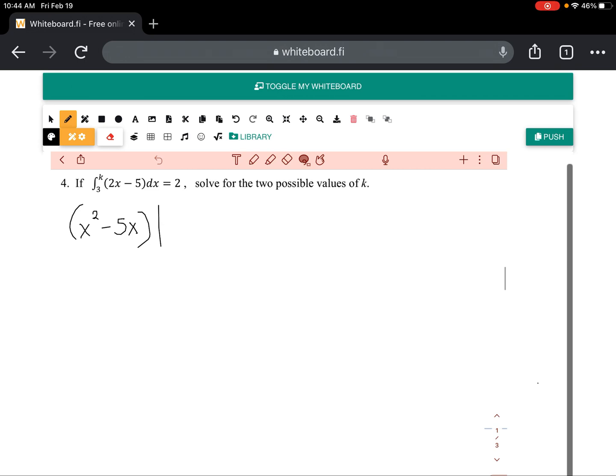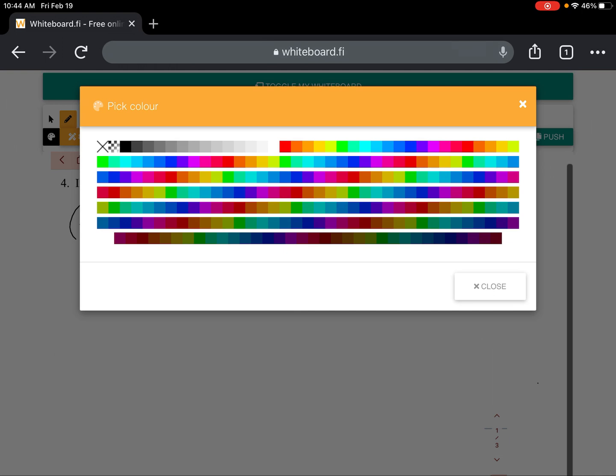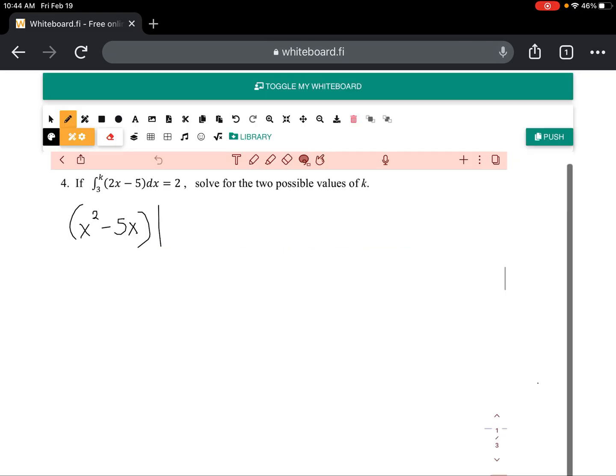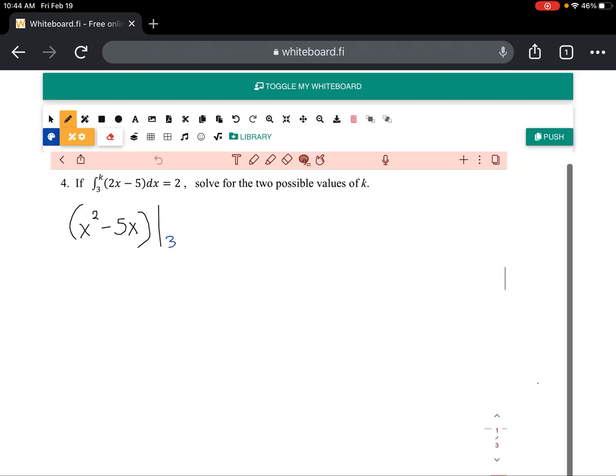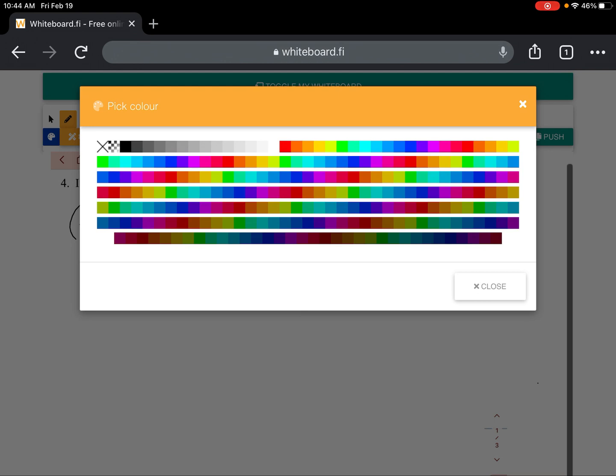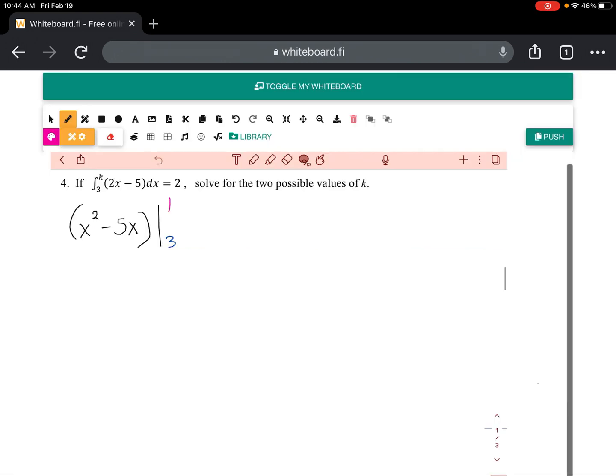So I'm going to put the 3 down below in blue. And then up above, let's use pink for k. I'm going to work vertically. So this is going to be the bracket thing.